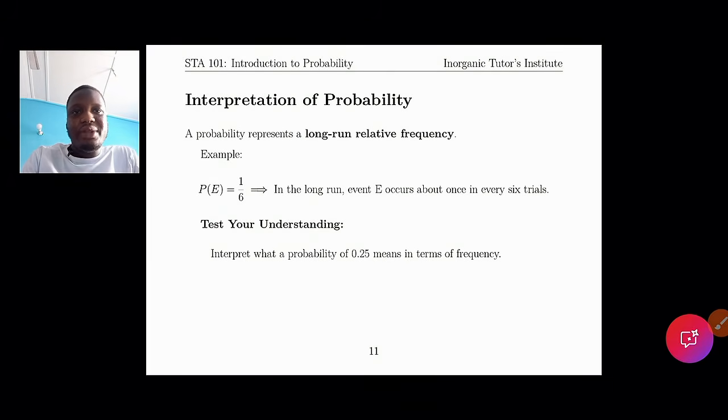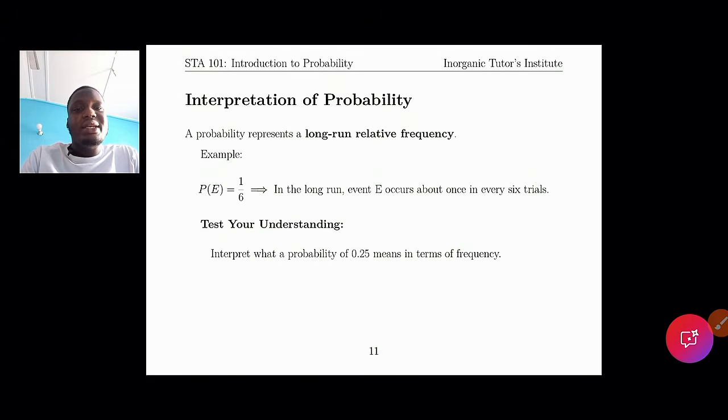So we have the interpretation of probability. You might not see this in an exam, but it is very key to know, so that it will help you in your day-to-day problem solving and understanding of questions. Probability also represents a long-run relative frequency.